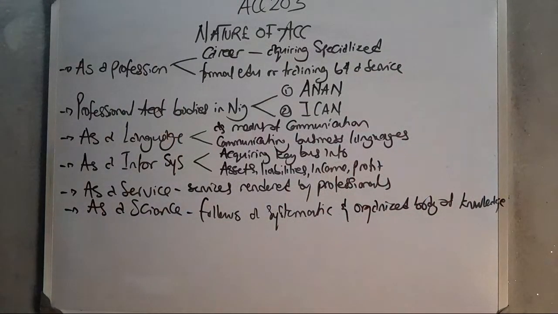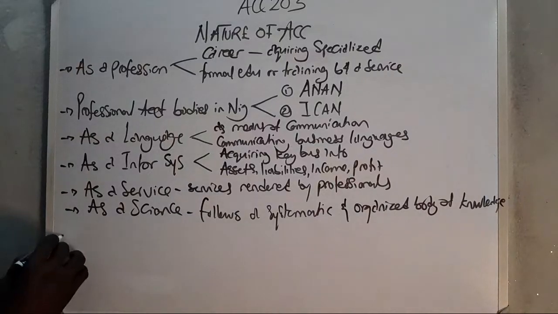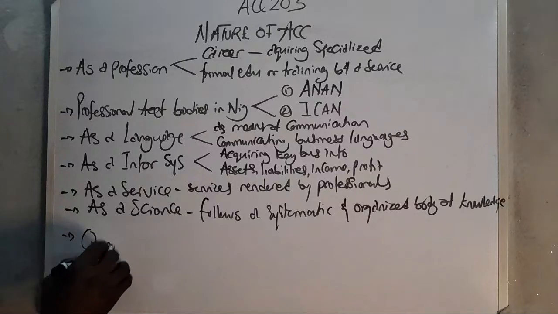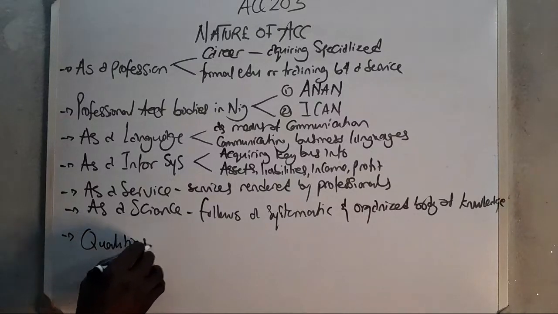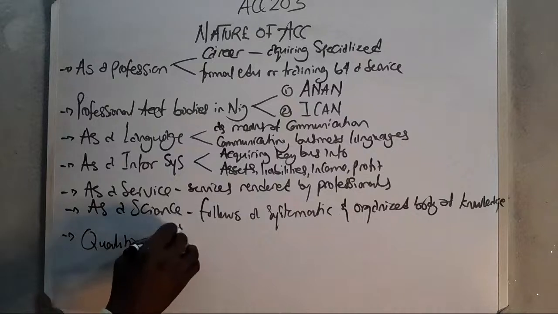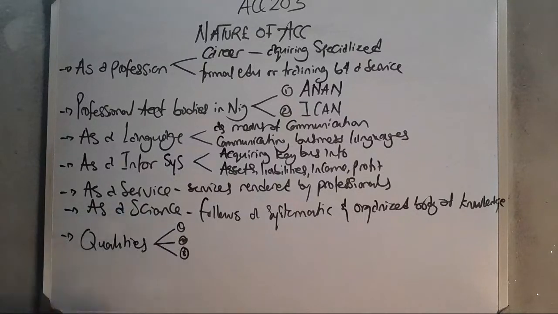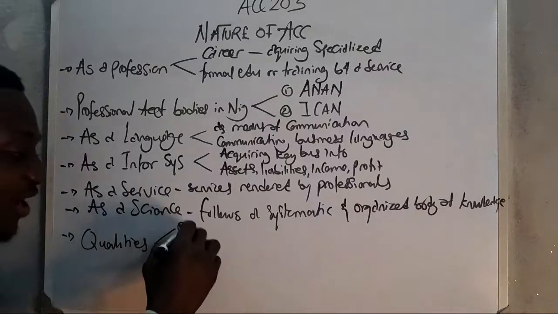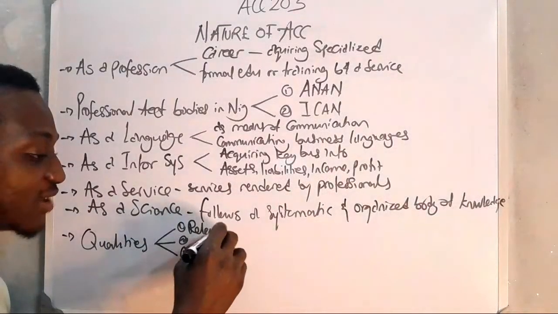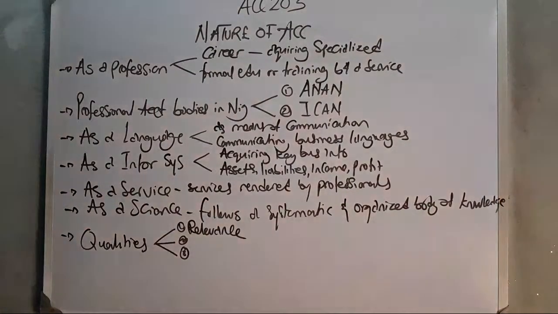So we have some qualities. Some of the qualities are relevance. It has to be important. Good accounting information should be relevant to the purpose for which it was prepared.